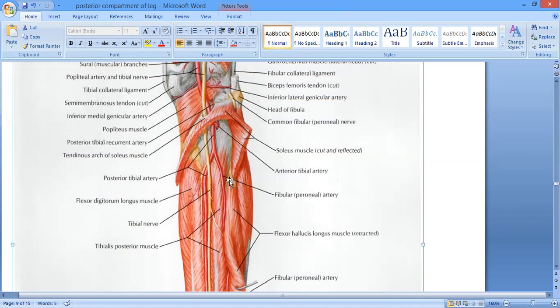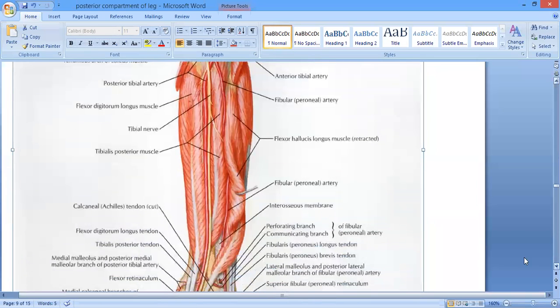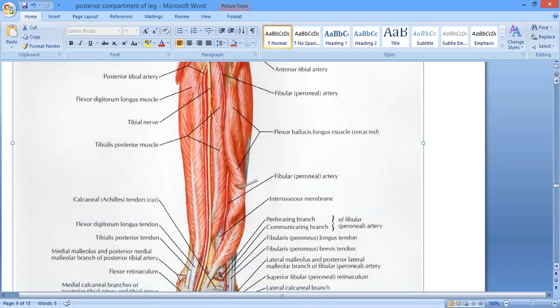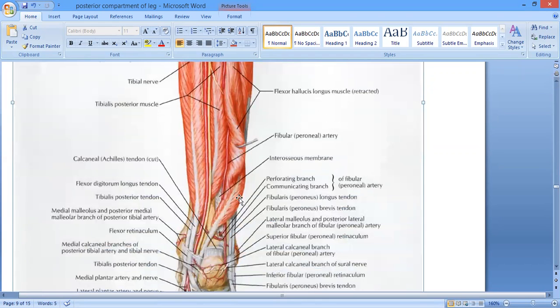And when it reaches near the medial crest of the fibula, it runs downwards in the substance of this muscle, which is the flexor hallucis longus muscle. It is running either deep to the muscle or in the substance of the flexor hallucis longus muscle, and then ultimately it reaches the lower part of the leg, behind the inferior tibiofibular joint.